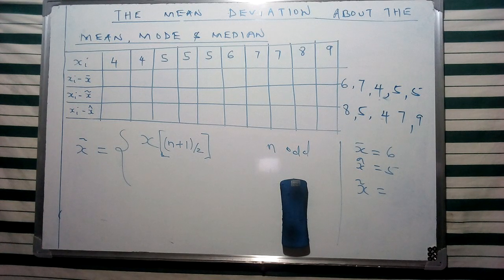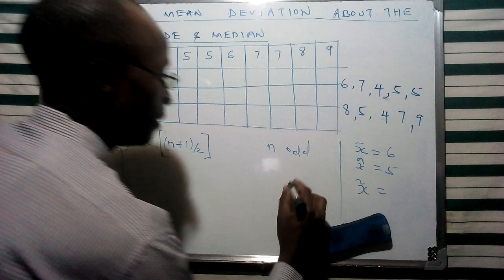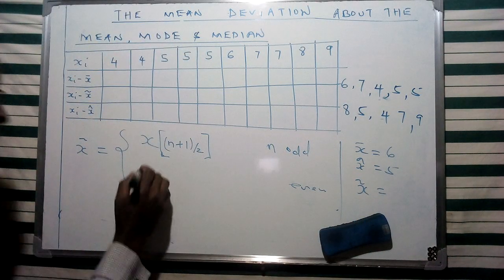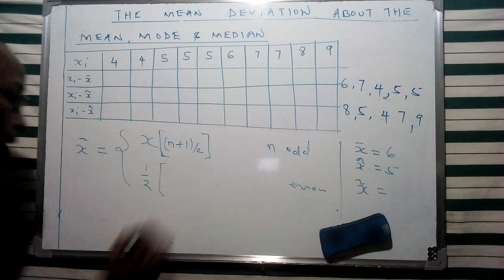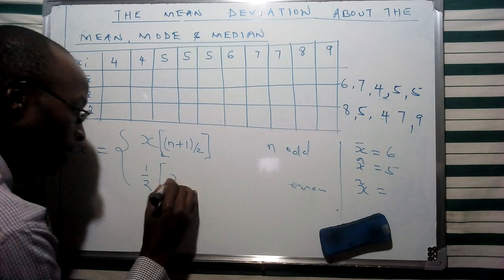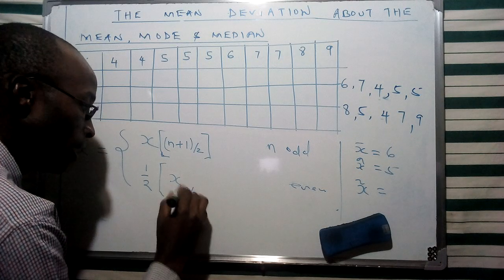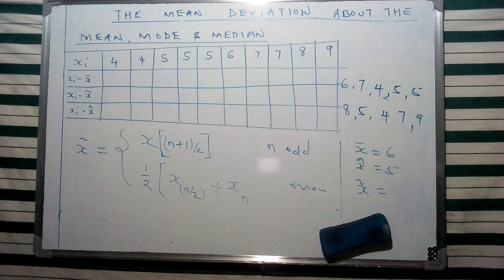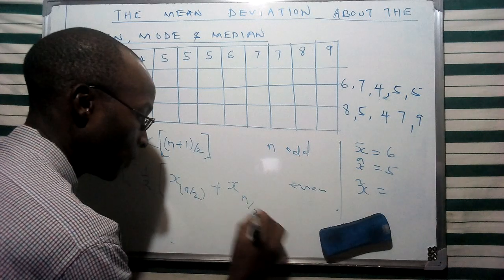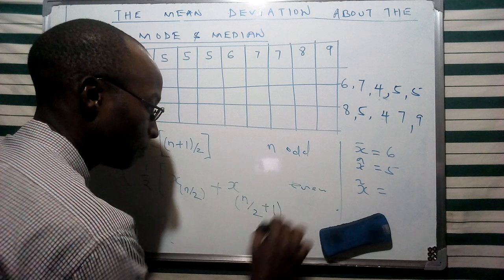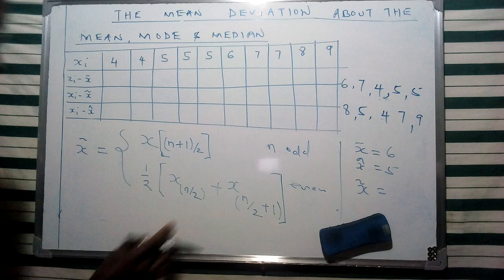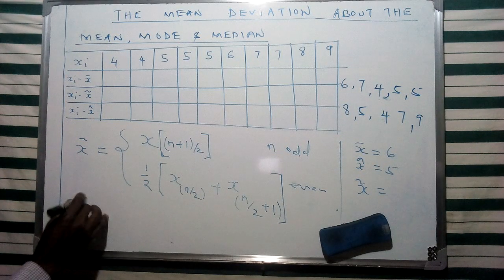So in case the value of n is even, we shall have a second case for finding the median by evaluating half the value of x at n over 2, plus x at n over 2 plus 1. In this case, we're going to consider these values as x_i.